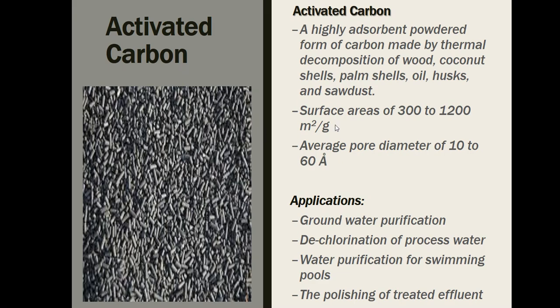The surface areas of this range from 300 to 1,200 square meters per gram, with an average pore diameter of 10 to 60 microns for their openings. As to their applications, we have groundwater purification, dechlorination of processed water, water purification for swimming pools, and even the polishing of treated effluent.